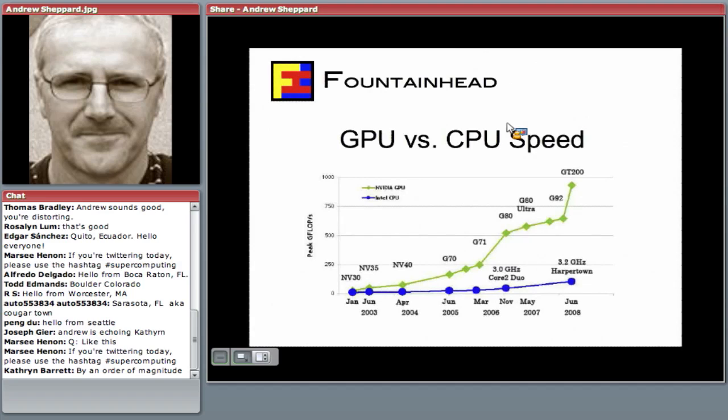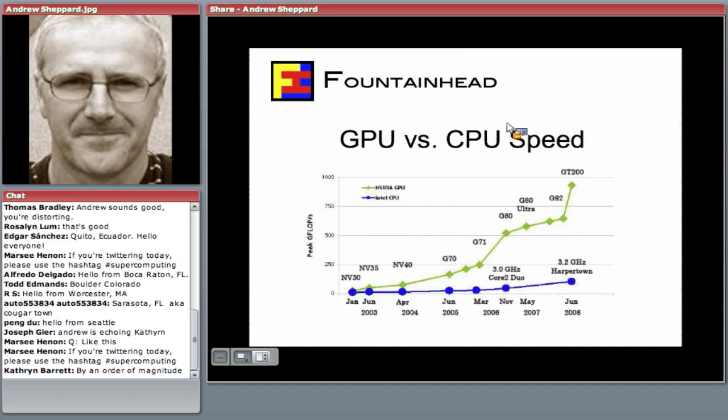But you see from the green line, which is the GPU path, that not only is it more powerful, it's actually becoming more powerful more quickly. The gap between the two is widening to the GPU's advantage. And there are good reasons to assume that'll continue for quite some time yet. So CPUs are getting faster, but GPUs are getting faster much more quickly, and the gap is widening.